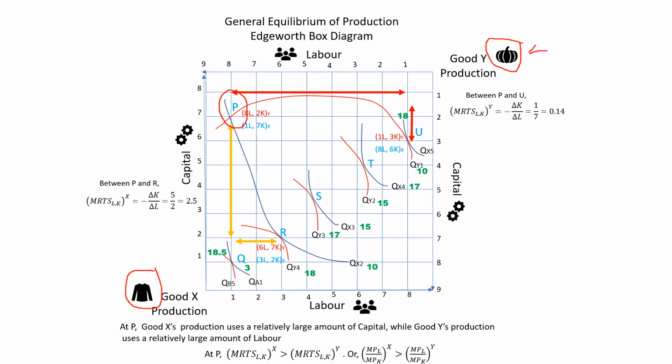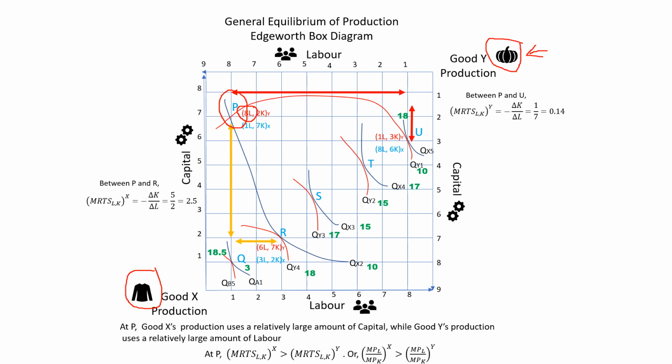In the case of food, we are using too much of labor. We are using 8 units of labor and we are using too less of capital. And so here, for the producer of food, it makes sense to give up labor and exchange it for more capital. So this is an opportunity for exchange of the two inputs in the production of the two given commodities.